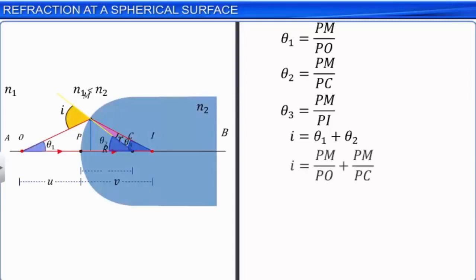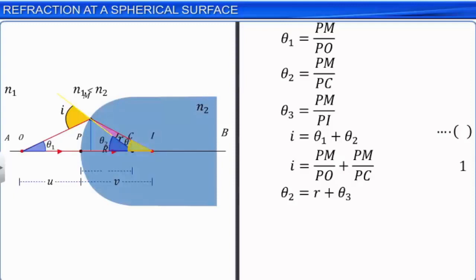But according to Snell's law, sin i by sin r is equal to n21, and we know that n21 is equal to N2 by N1. Therefore, N1 sin i is equal to N2 sin r.